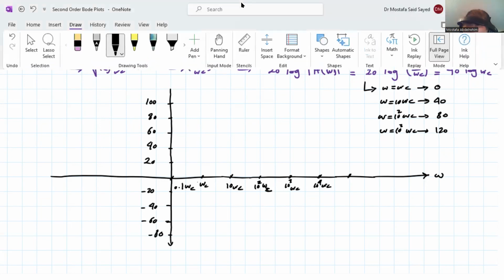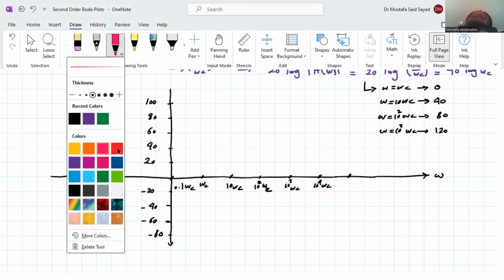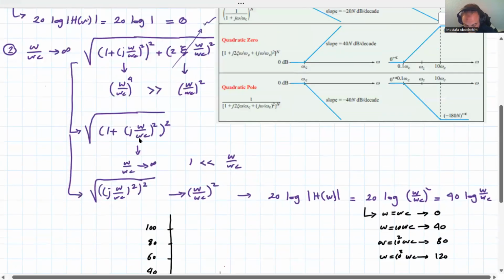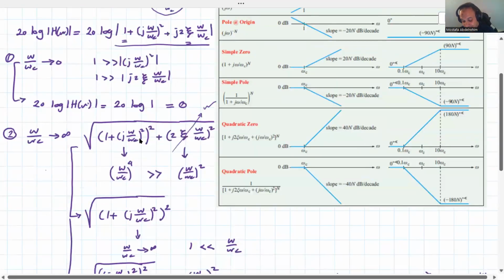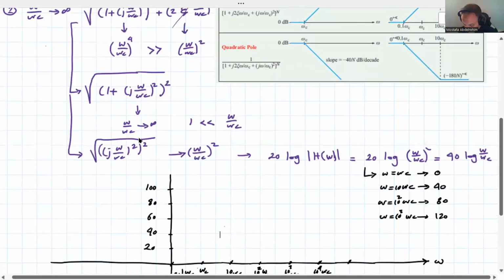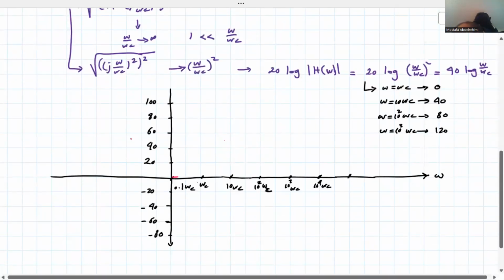So first of all, for number one, when omega is less than omega c, that's 0. Then at omega c, H of omega is still 0. At 10 omega c, it's 40.